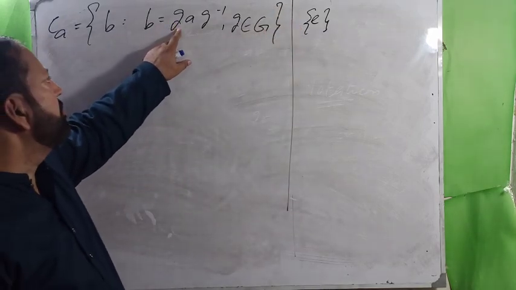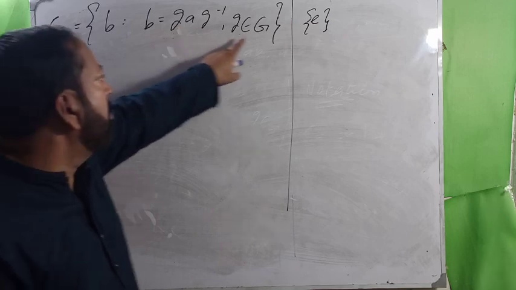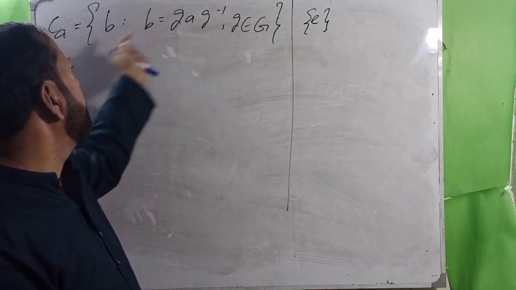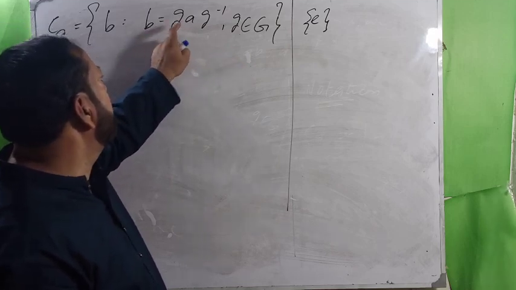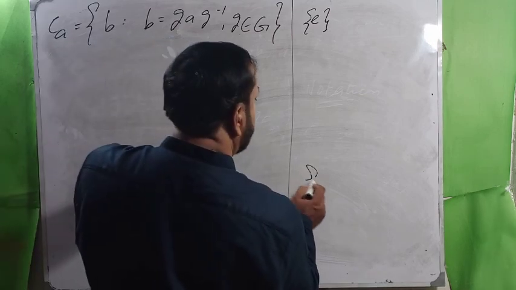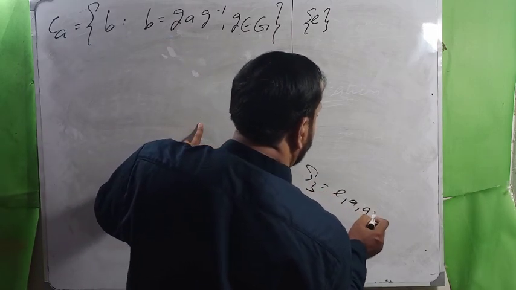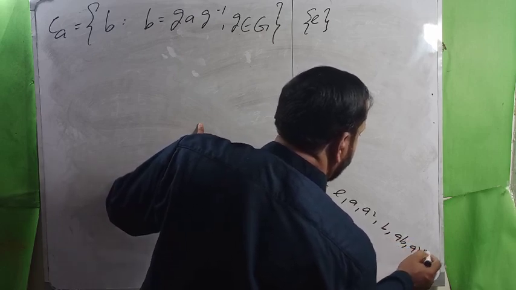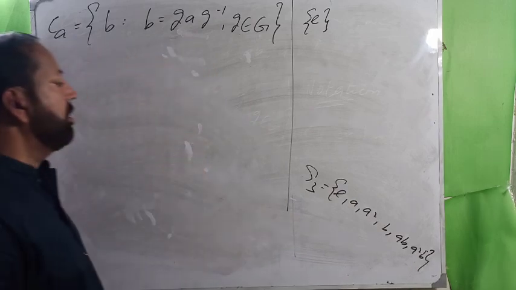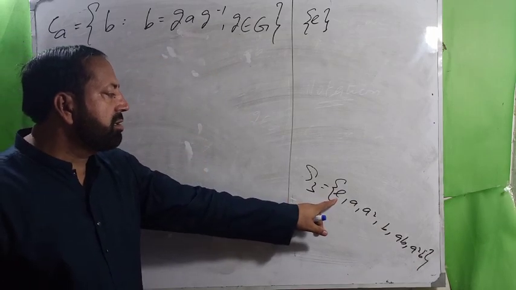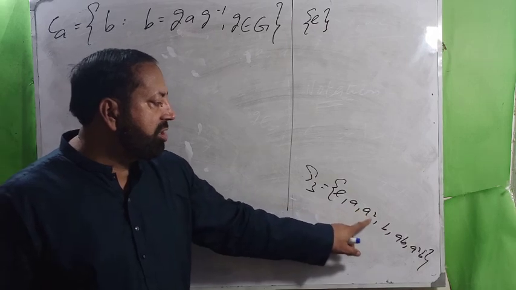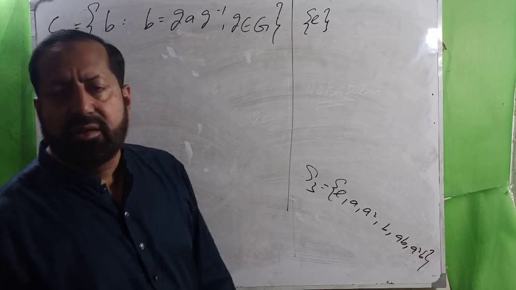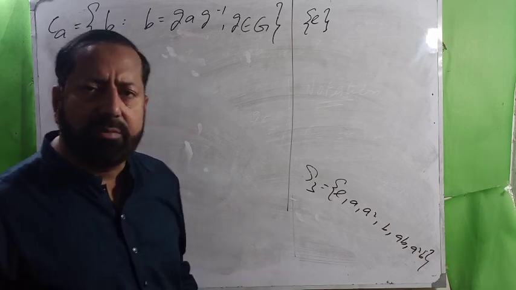So we will move g throughout the group and we'll find what are the elements which are lying in this class. So you just move g. Remember, S3 is {E, A, A square, B, AB, A square B}. Now I am going to vary g, starting from E, then A square, then B, then AB, then A square B. You just vary g and find the possible elements.